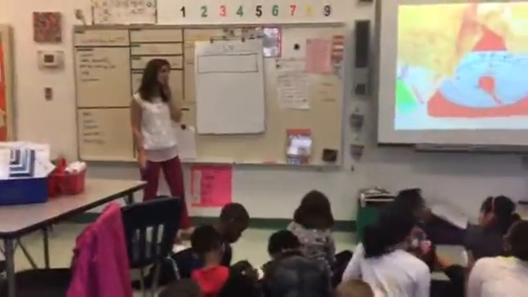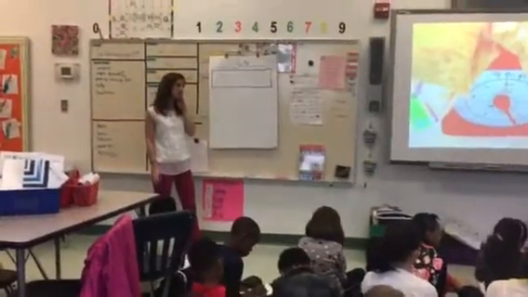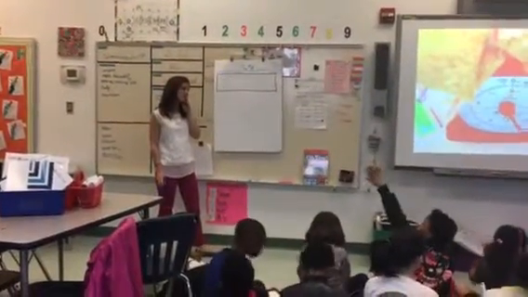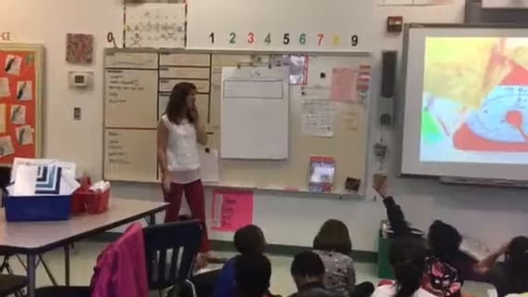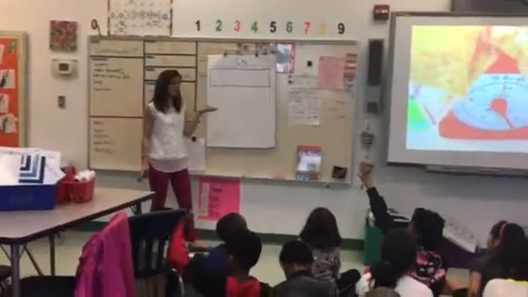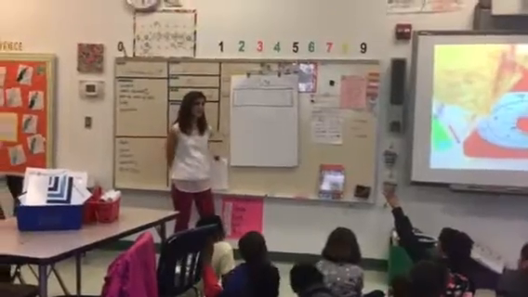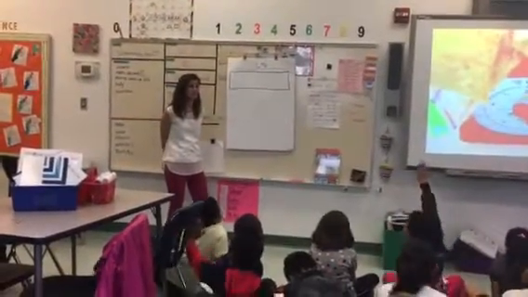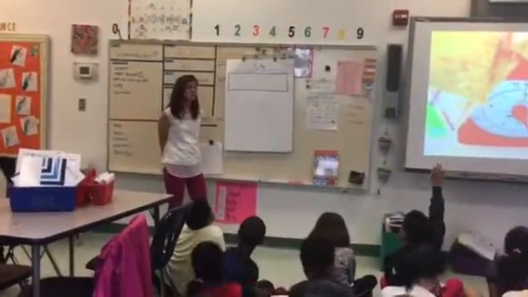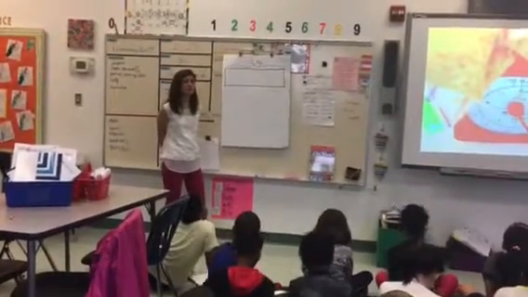Austin, what do you think? The numbers. I might write some numbers in there, but how do I know what to write? I have to draw something first. Nicholas, what are you thinking?